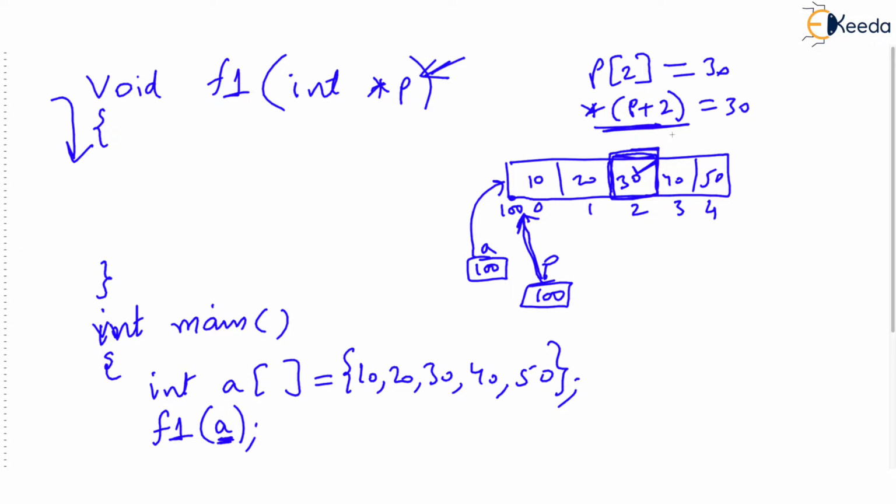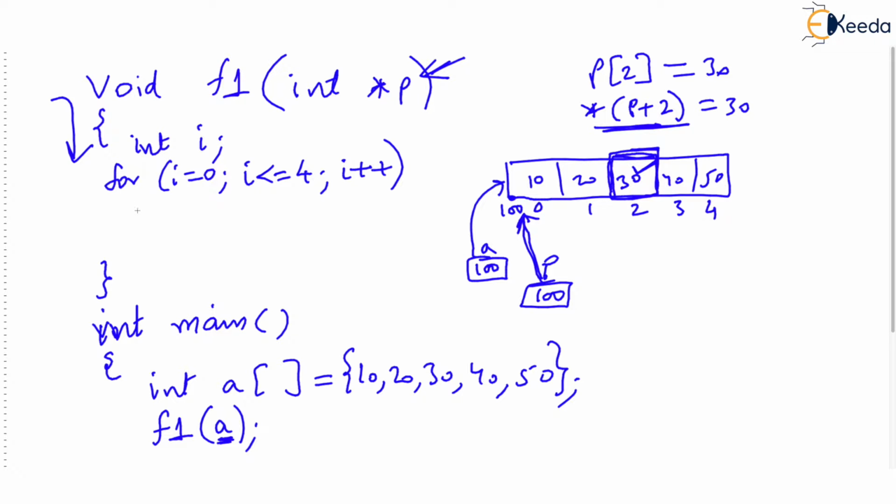Isn't it so? So what will this for loop do? If I write some for loop like this here, for i = 0, i <= 4, i++, so I am running through the complete array, locations 0 to 4.